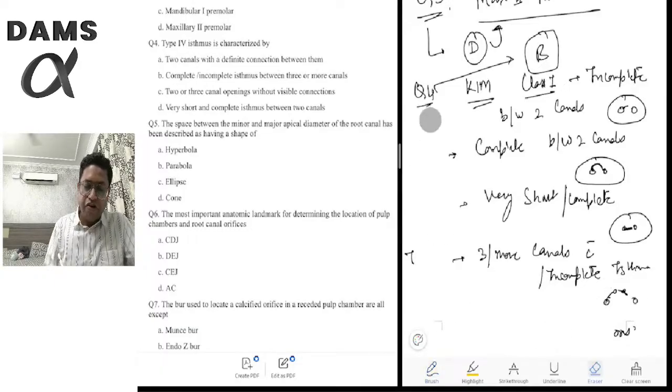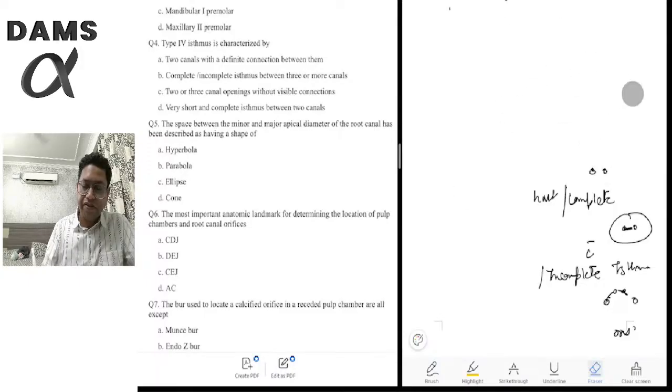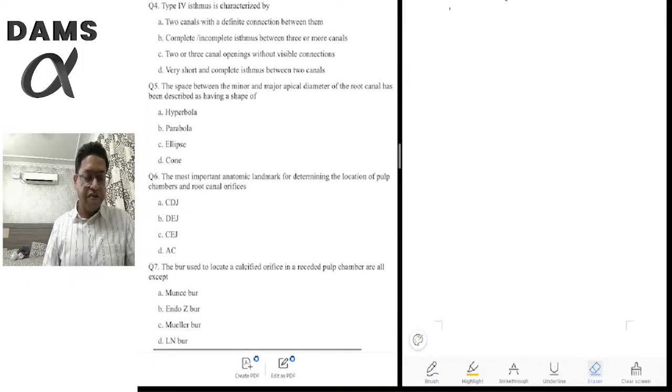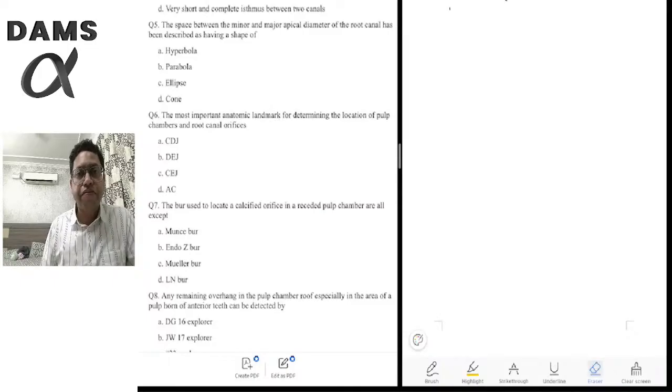Okay. Now coming over to question number 5. The space between the minor and the major apical diameter of the root canal has been described as the shape of... How do we describe the space between them?